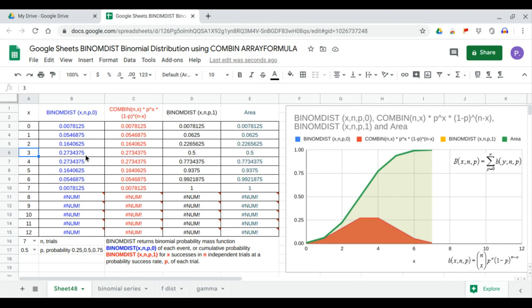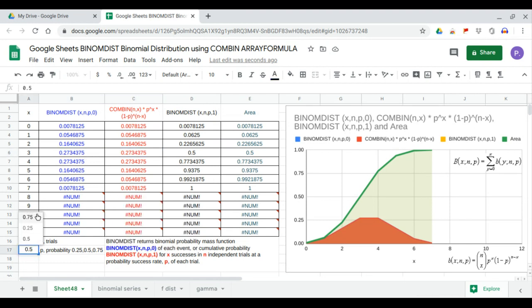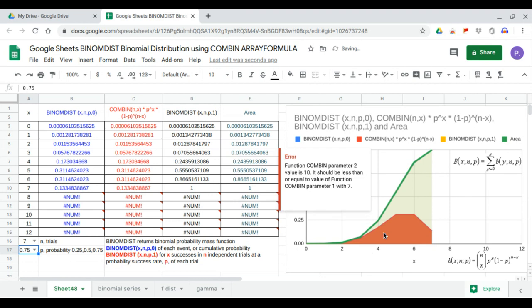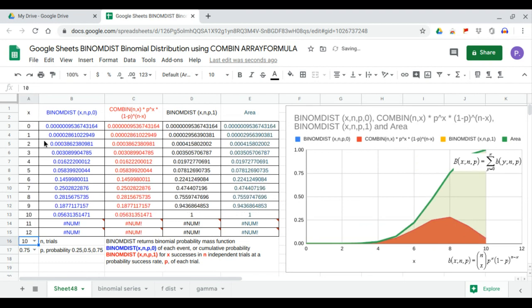Assuming 50%, I will have a total accumulation of 50%. The probability is 0.27. So I increase that to 75. This will be the bell curve. If I increase this to 10, or lower this to 25.